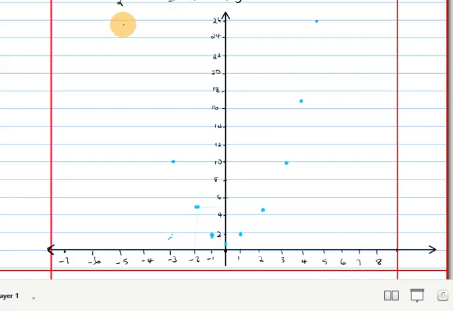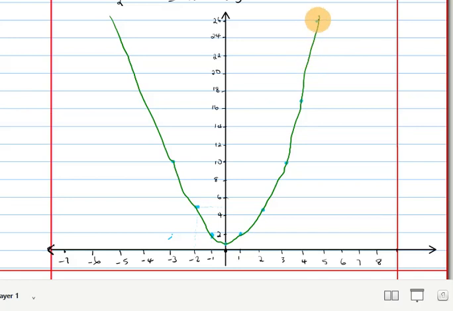now plotting the graph, you want to connect the dots. It starts from negative infinity, and let me construct the dots. These are the dots. Yours should be drawn neatly.